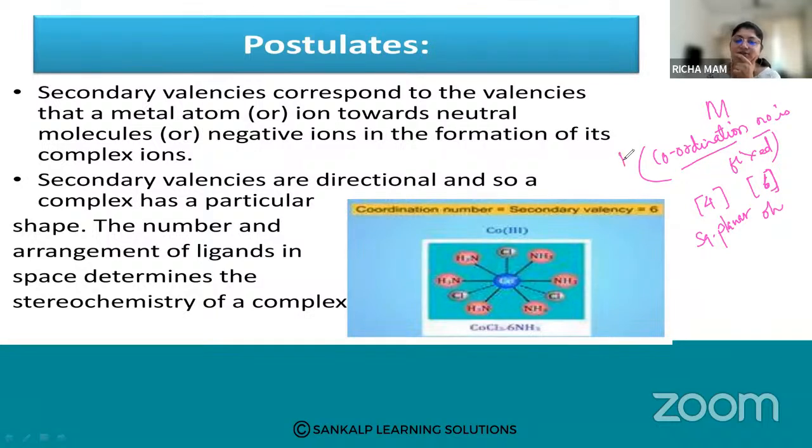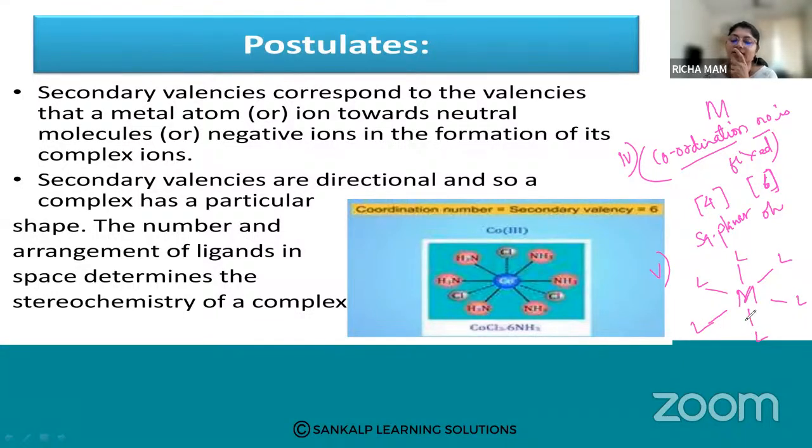So this was the fourth point. Then the next point is: the ligands bonded by the secondary valency to the central metal ion have a definite spatial arrangement. Suppose I have 6 ligands. These 6 ligands will arrange themselves in such a way that they produce a proper geometry.